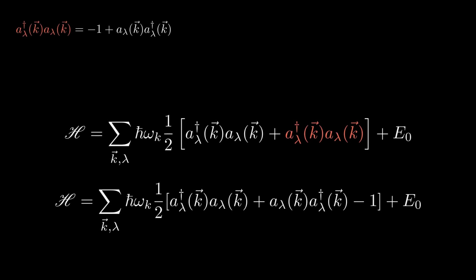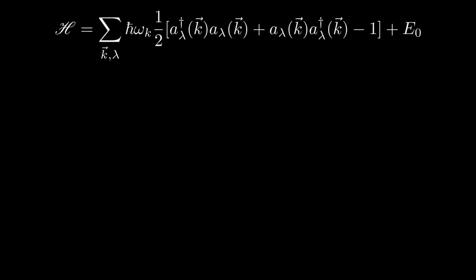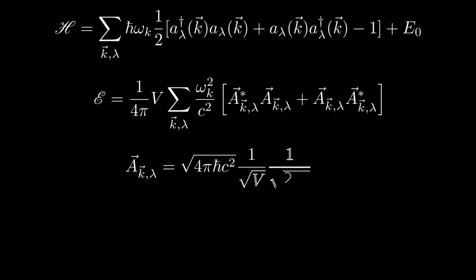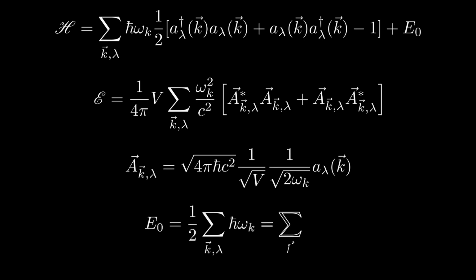Now let's compare our Hamiltonian with our classical energy of an electromagnetic field equation. If we define the vector potential operator as shown, then these two equations are identical with an additional zero-point energy given by E0. The zero-point energy is the energy of the electromagnetic field when there are 0 photons present. It is sometimes called the vacuum energy.